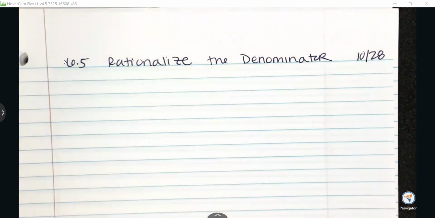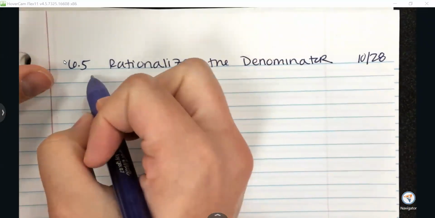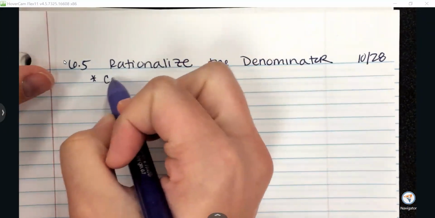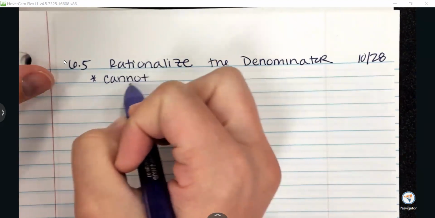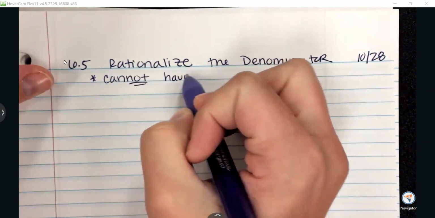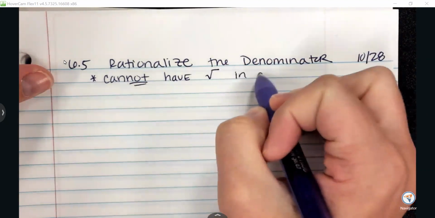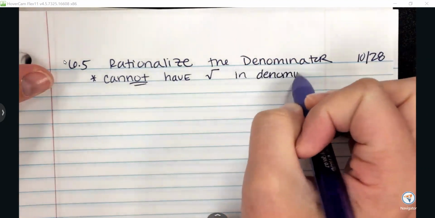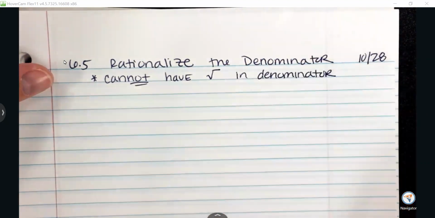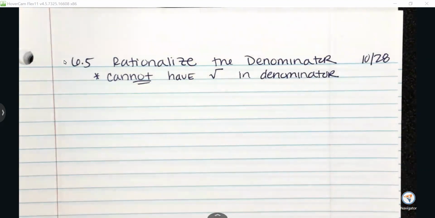What does it mean to rationalize a denominator? It just means that you cannot have a radical in the denominator because it's not supposed to be there. So that's what rationalize the denominator means.